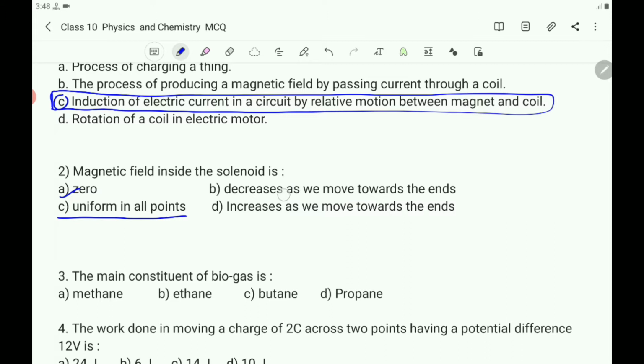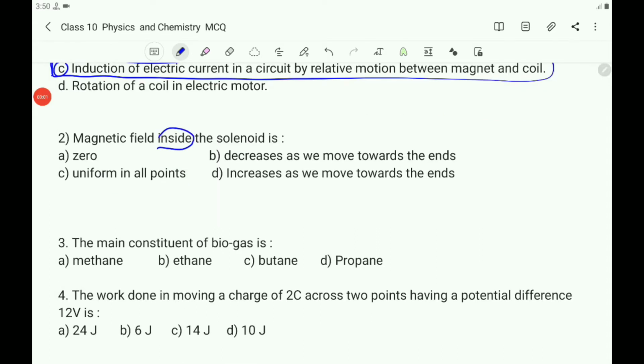Here you know that the magnetic field inside the solenoid is uniform at all points. Therefore, option C, uniform at all points. You can represent the magnetic field lines inside the solenoid by parallel lines. It means they are uniform at all points.